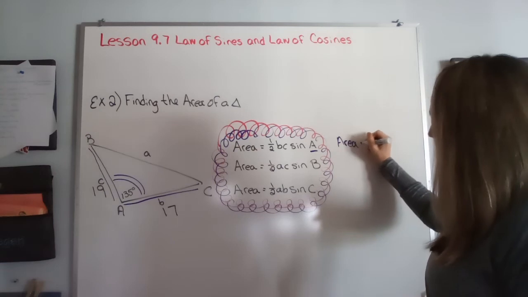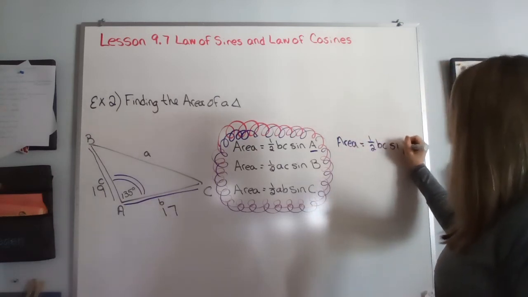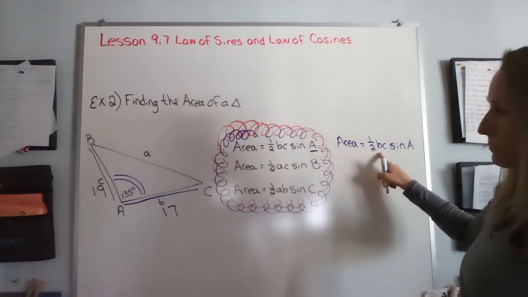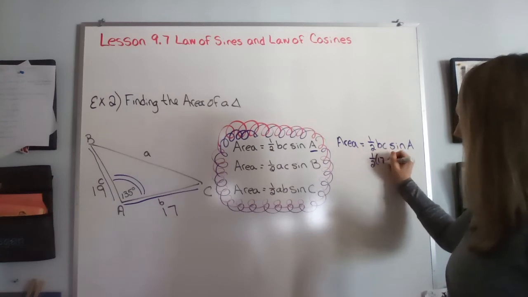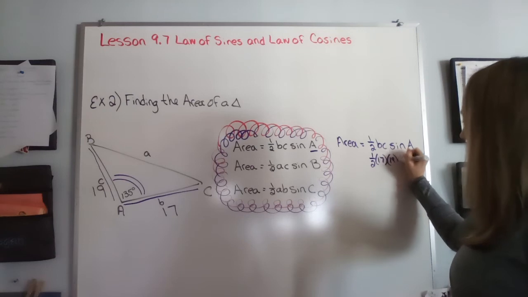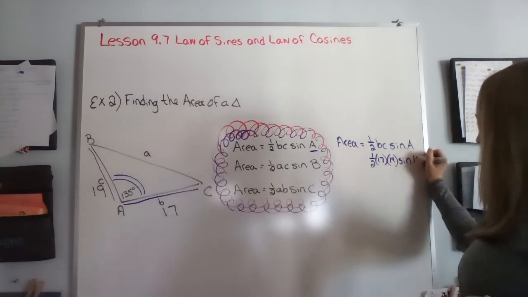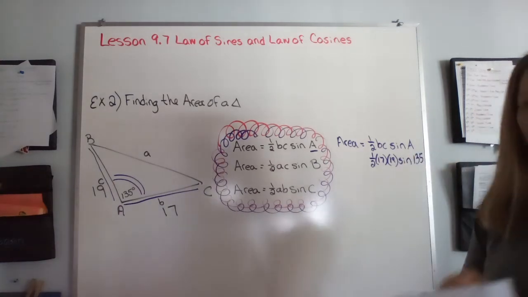Area is equal to 1/2 BC sine A, and then fill in the values. B is 17, so 1/2 times 17 times side C, which is 19, times sine of angle A, which is 135. From there, it's a calculator-based problem.